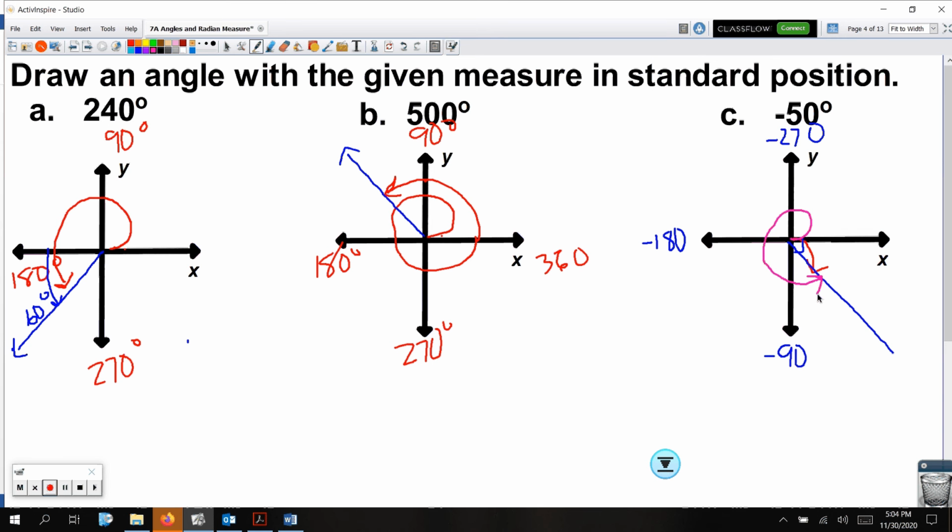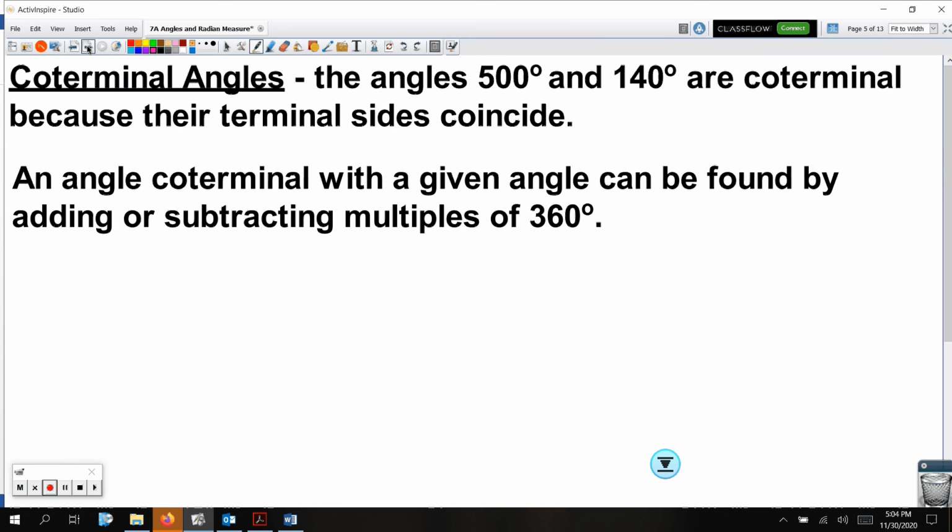That measure is going to be 310 degrees because it's positive because I rotated the other way. So 310 and 50 degrees are coterminal angles. It just means one goes one way to that terminal side, one goes the other way. And you can go more than once. I'm going to show you how to calculate it with math, but that's just a little visual of what it means to be coterminal.